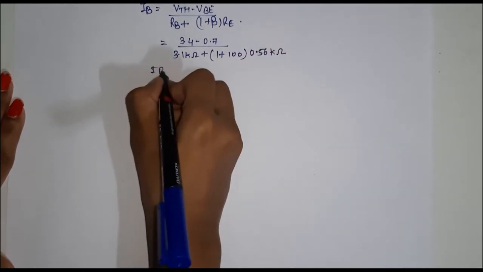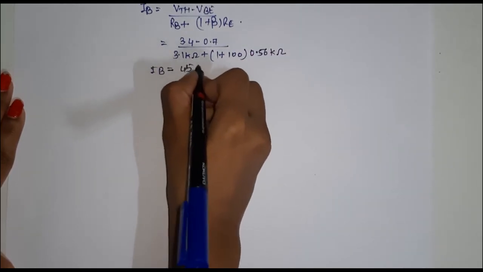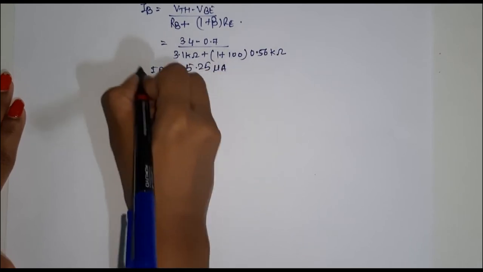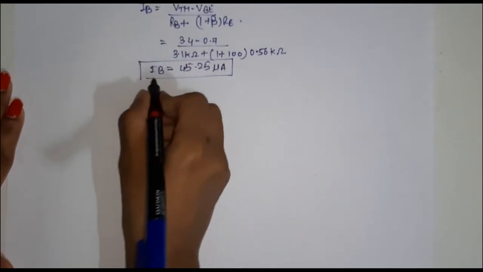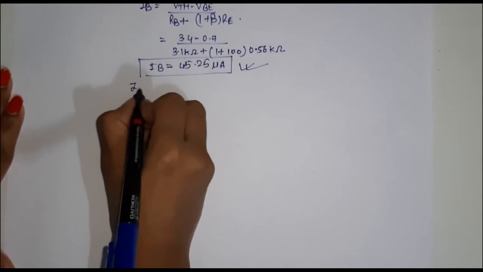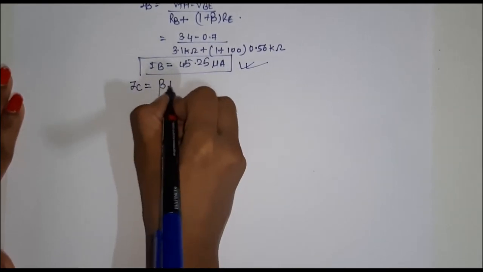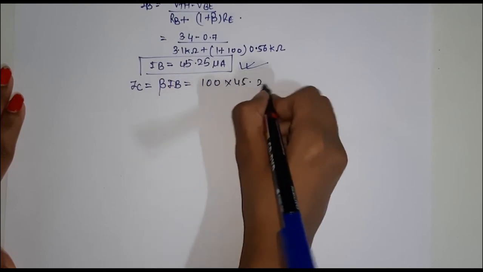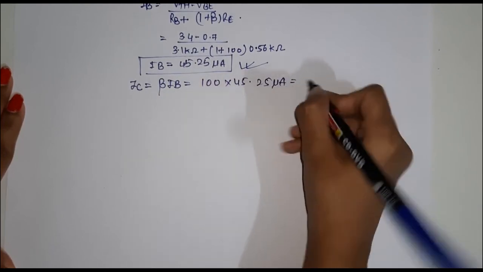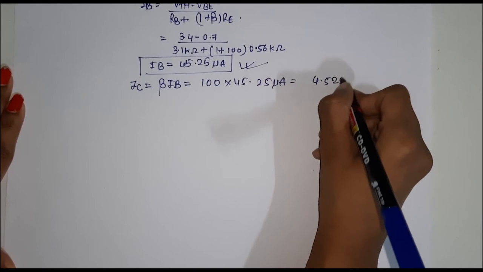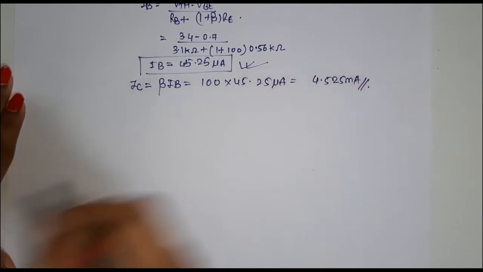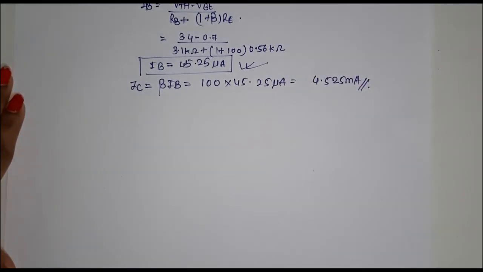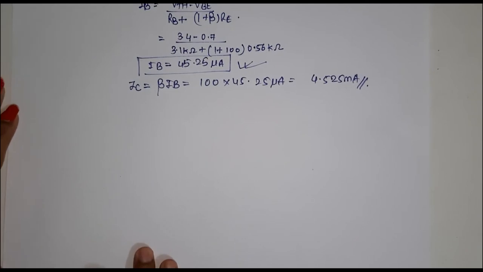On solving, we get the value of IB as 45.25 microamperes. Okay. Now once we calculate the value of IB, we can calculate the value of IC using beta IB. So beta is 100 into 45.25 microamperes. We get the value as 4.525 milliamperes. Okay. So now one of the consideration is done, that is to find the value of IC.